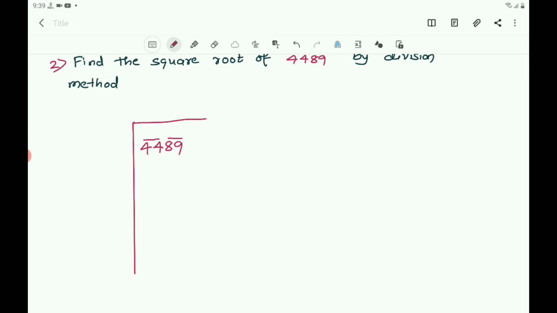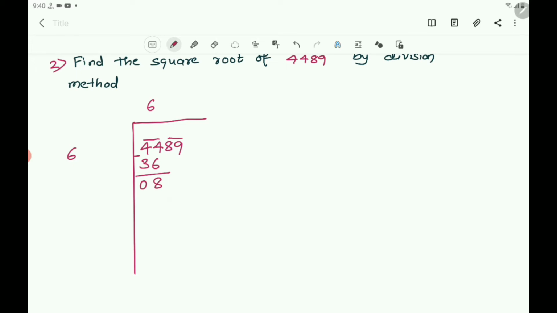You know that 6 6s are 36 and 7 7s are 49, which is more. So we have to take 6 6s are 36. 36 is the nearest square number to 44. Now you subtract 44 minus 36, which is 8.